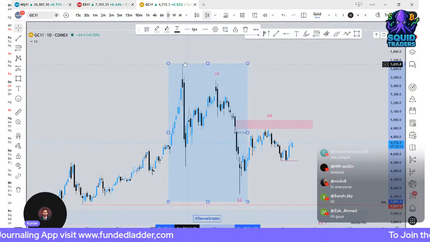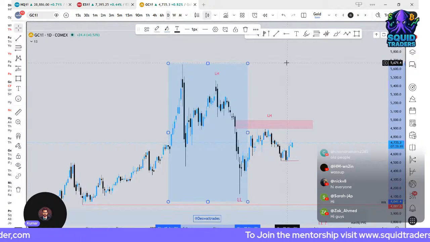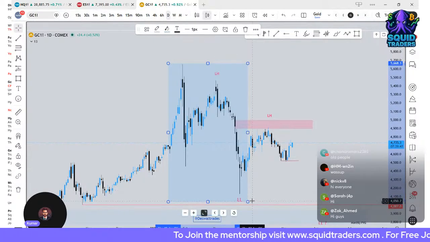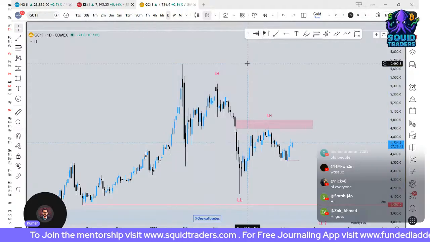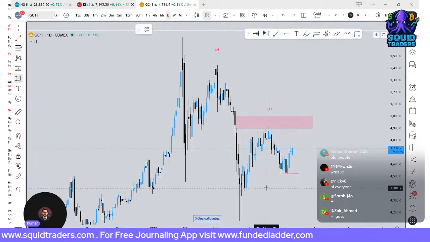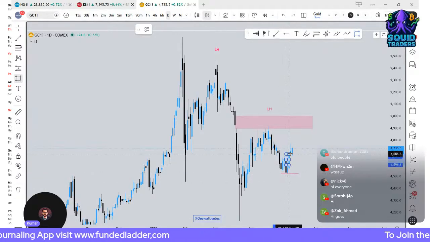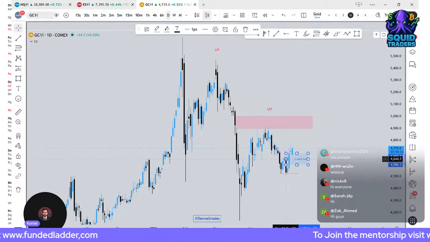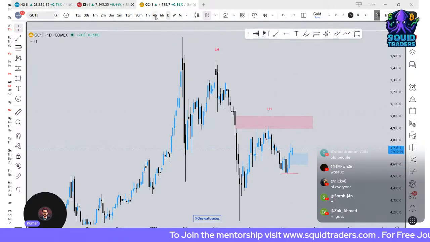This is obviously a very, very big range for the gold, about $1,600. So what I'm looking at is at least a bounce till here, because we came down, swept this fair value gap here, and started bouncing off here.